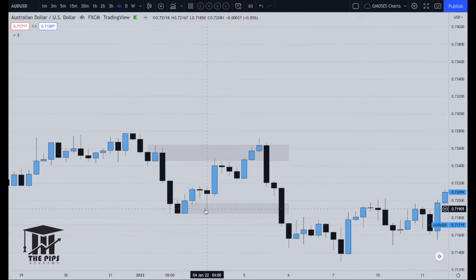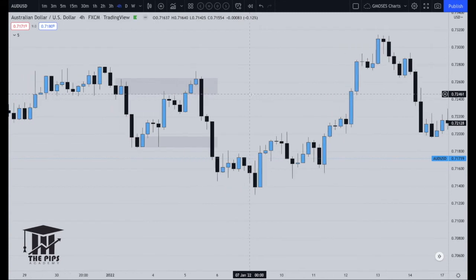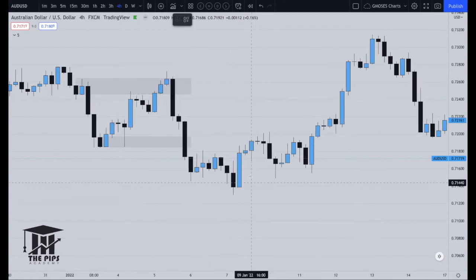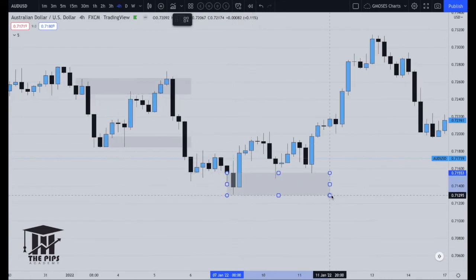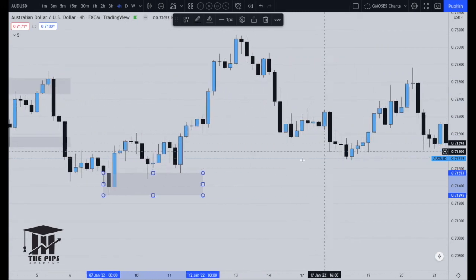Price actually came back to retest the base area here before it continued on up. Let's find some others. Here's another one, bullish engulfing here. Price pushed away, came back to test the base, tested the base actually another time before it actually continued on.